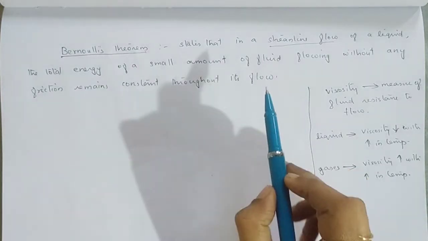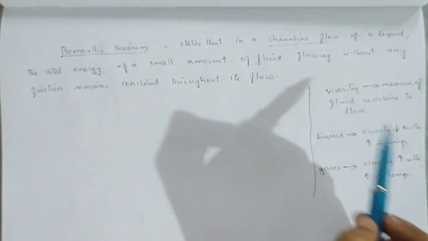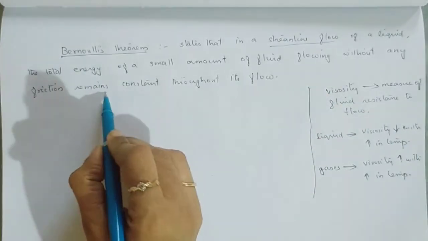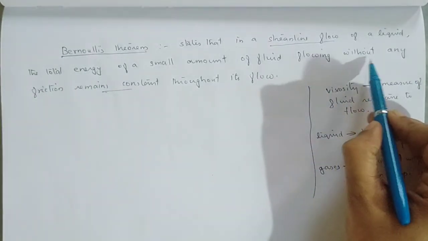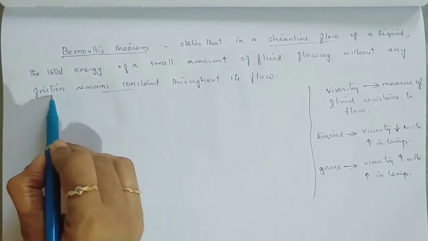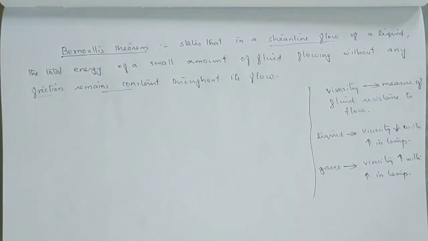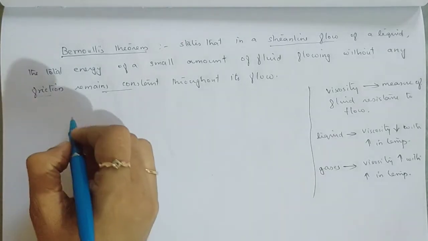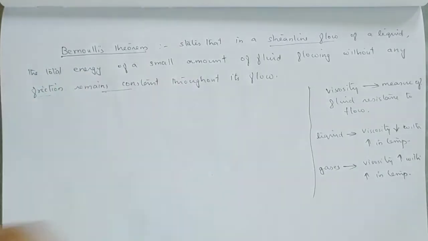Here, it says that the total energy remains constant. But the condition is that there is no friction. This theorem states that the total energy remains constant.